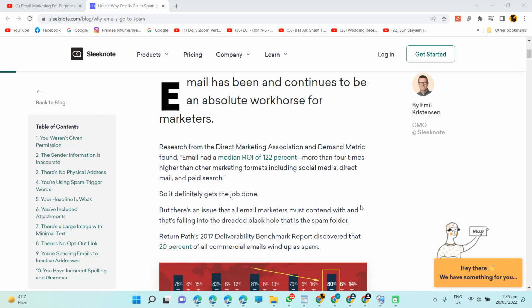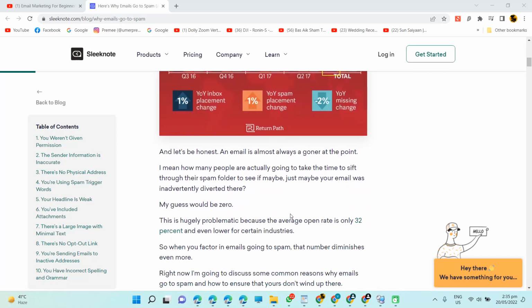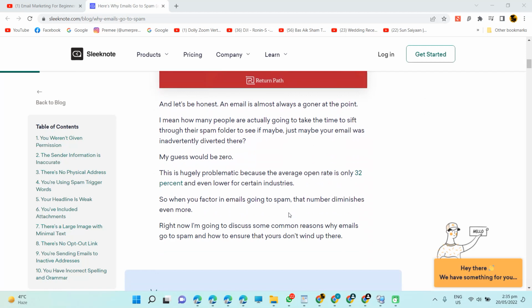Return Path's deliverability benchmark report discovered that 20% of all commercial email is spam. And let's be honest, an email is almost always a goner at that point. I mean, how many people are actually going to take a swift look through their spam folder to see if maybe, just maybe, your email was inadvertently diverted there?